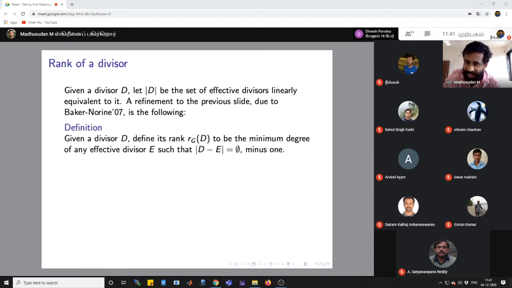So what is this telling us? Remember, bar D is empty if and only if your divisor cannot be transformed into an effective divisor via a sequence of chip firings.